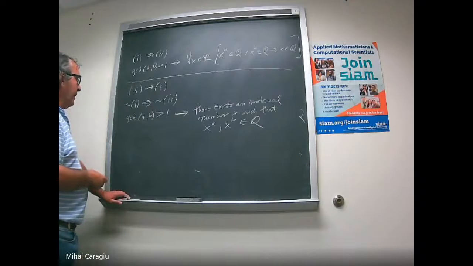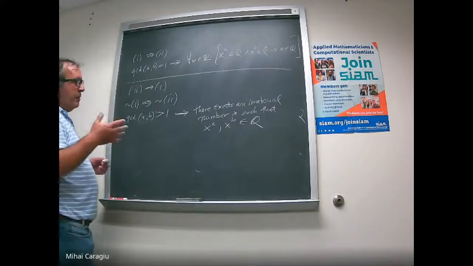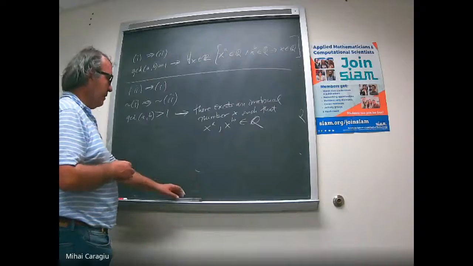So if the greatest common divisor of a and b is greater than 1, then we have to show that there exists an irrational number x such that x to the power a and x to the power b are rational.